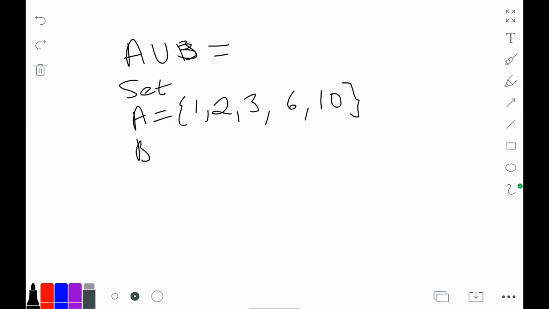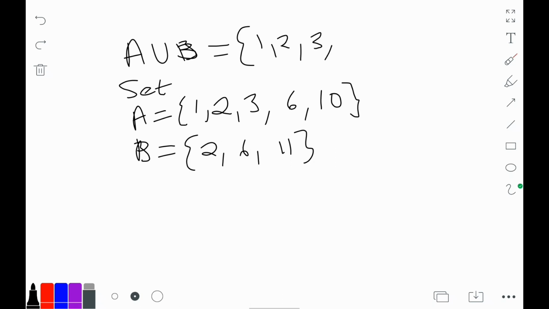And you also have B, which can equal, let's say, 2, 6, and 11. Now A union B is everything that is in A and everything that is in B. So 1 is in A, 2 is in A and B, 3 is in A, 6 is in A and B, 10 is in A, and 11 is in B.